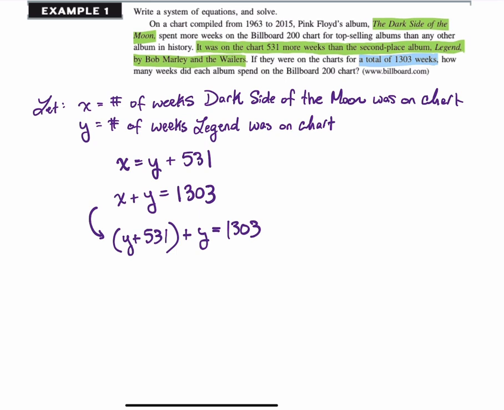So I have two y's now. y plus y will give me 2y. So 2y plus 531 equals 1,303. Then let's subtract the 531 from both sides. So I'll be left with 2y on the left side. 1,303 minus 531 is 772.